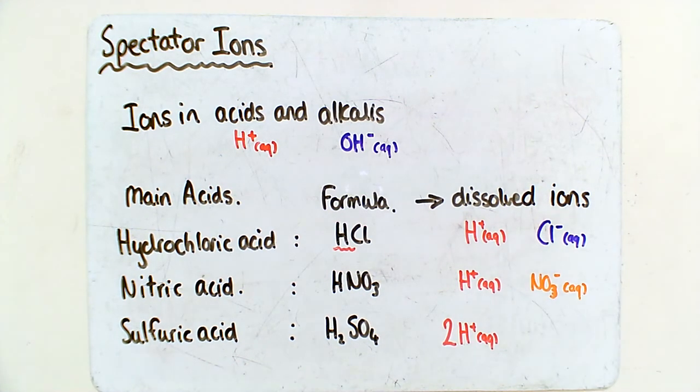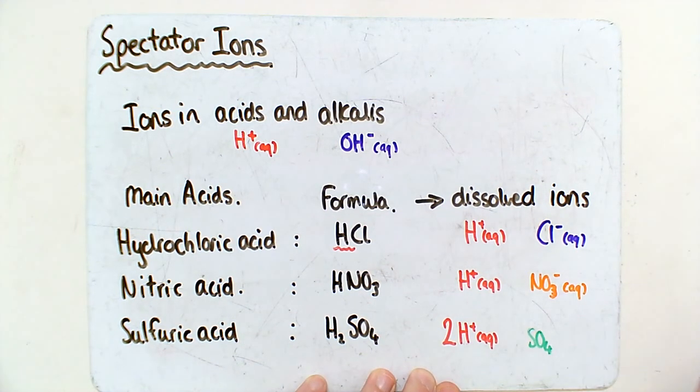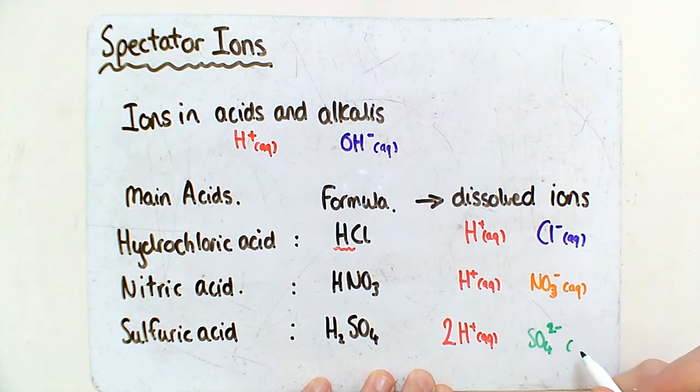And finally, with this one, we have SO4, which is sulfate. Now, sulfate is a bit different, because sulfate is a 2-, not 1, 2-, (aq). And that's what happens. So we have the chemical formula here, and then we get dissolved ions.